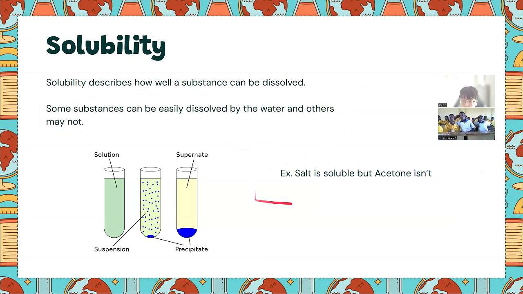For example, in the video, it talked about how salt is soluble, but acetone isn't. So you can see the diagram on the left. It has a precipitate, what is left over.